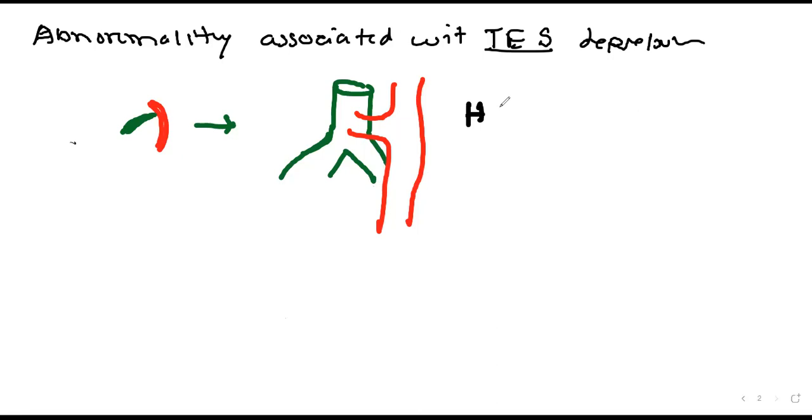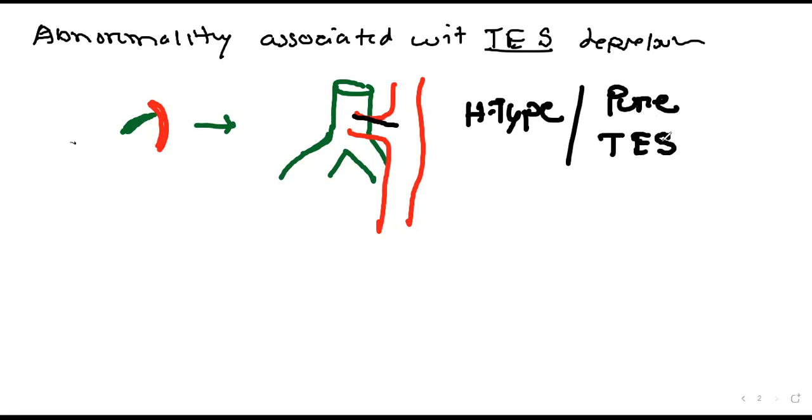This is called H type tracheoesophageal abnormalities. And this H type is also called pure tracheoesophageal fistula. So we can see that there is a fistula present. So it is called pure tracheoesophageal fistula. It is our first condition.